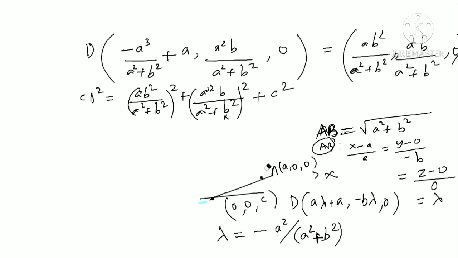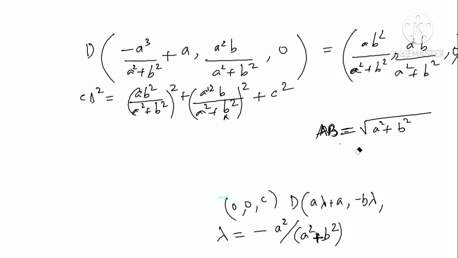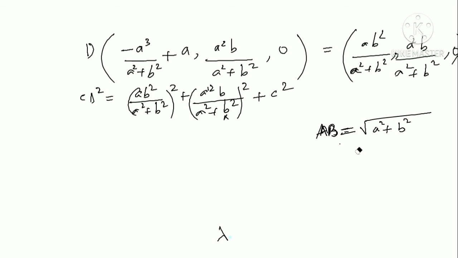AB length is square root of a square plus b square, and CD square we can simplify like this. A square plus b square whole square will come in the denominator. This will become a square b4, and this will become a4b square.